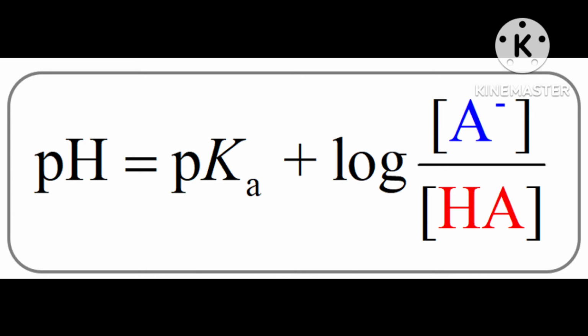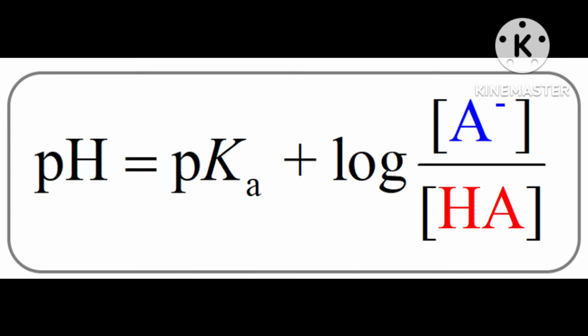But in this equation, because the molar concentration of salt and acid becomes equal, this ratio will become 1 and log 1 is equal to 0. Hence in this situation, pH is equal to pKa.